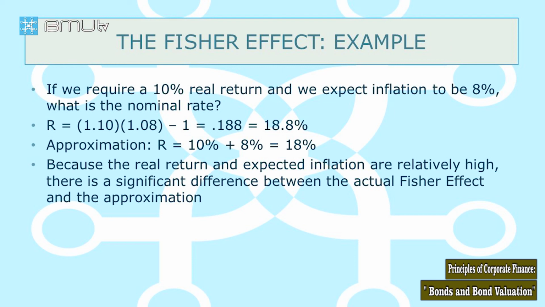Again, the approximation works here: nominal rate equals real plus inflation. It's approximately the same. Because the real return and expected inflation are relatively high, there is a significant difference between the actual Fisher effect and the approximation.